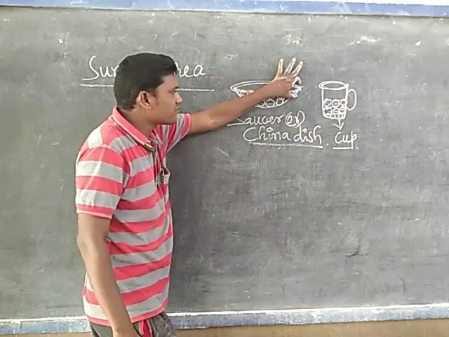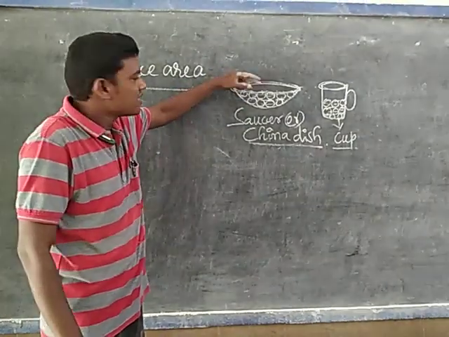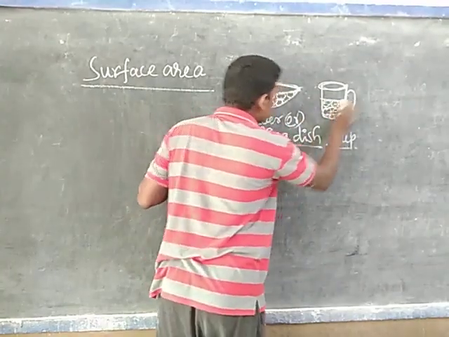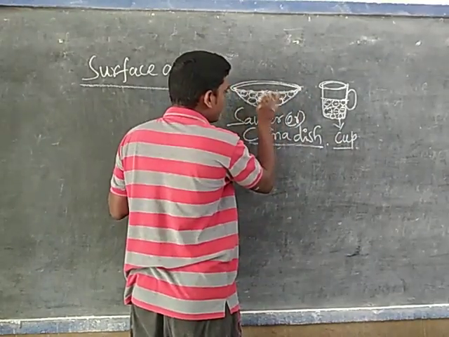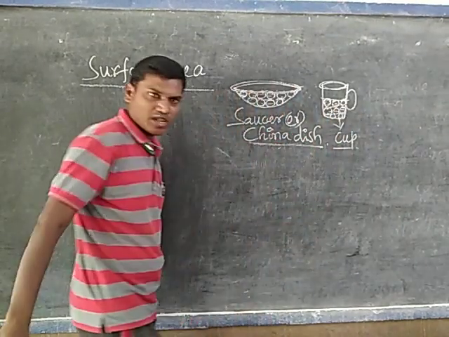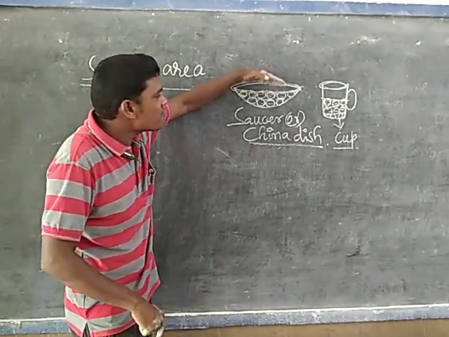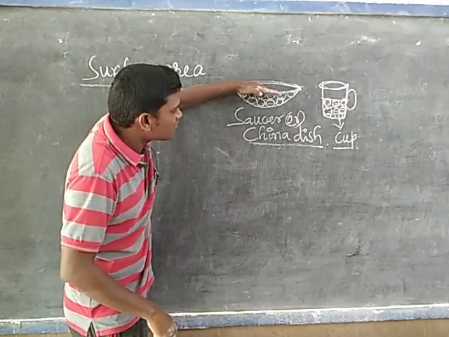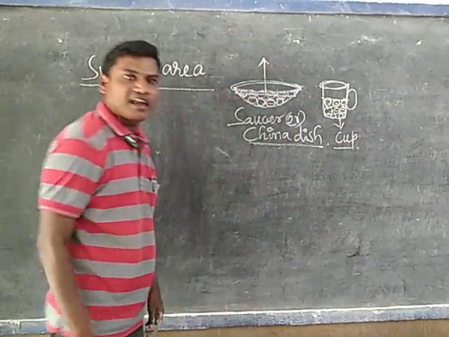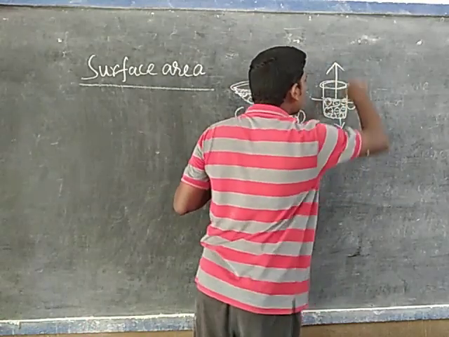Due to the larger surface area, what will happen? More molecules are present near the surface. Here fewer molecules are present. In this one you are observing 1, 2, 3, 4, 5, 6 for your understanding. Here how many are there? 3. For every 1 second, in the saucer or china dish, these 6 water molecules are evaporated. But in the case of the cup, how many? Only 3.